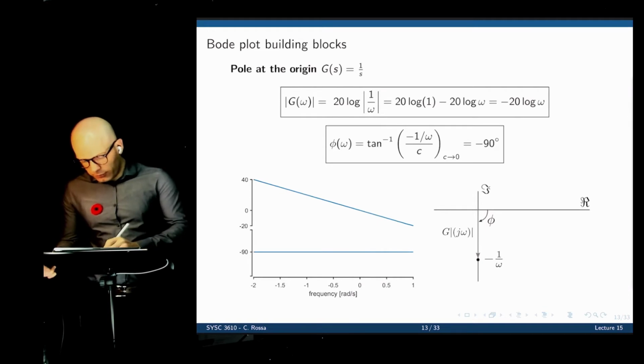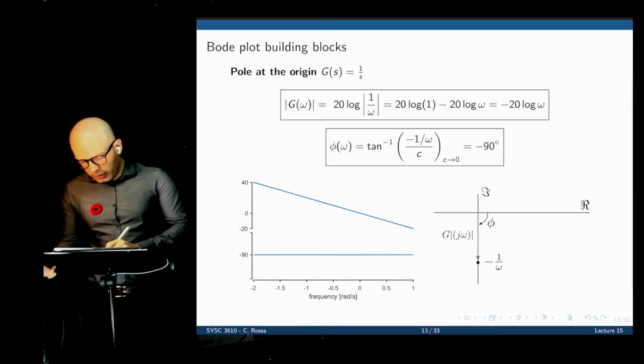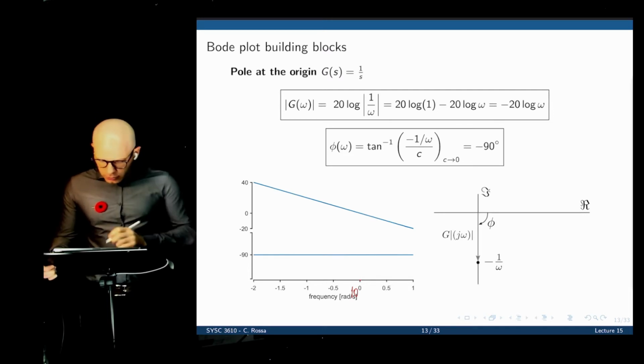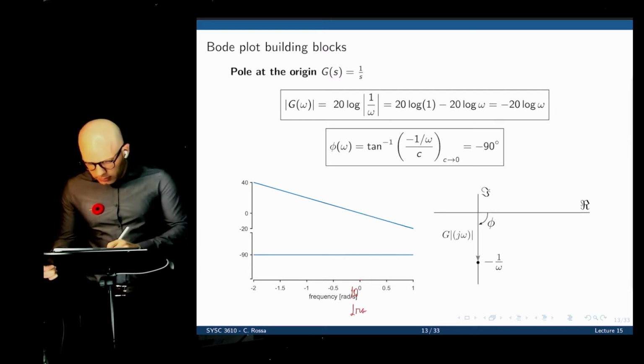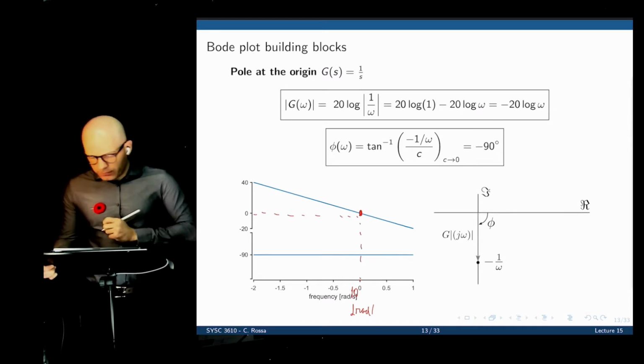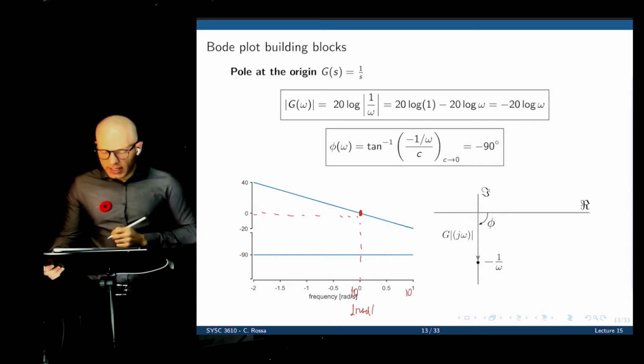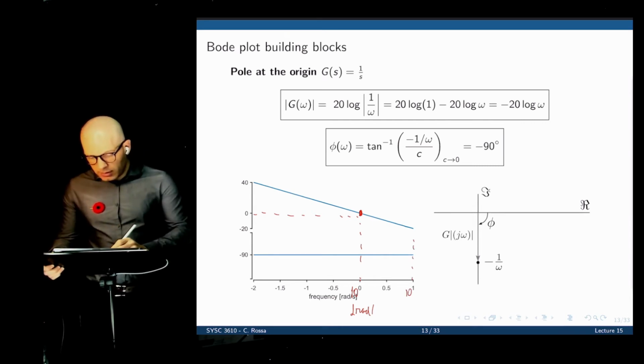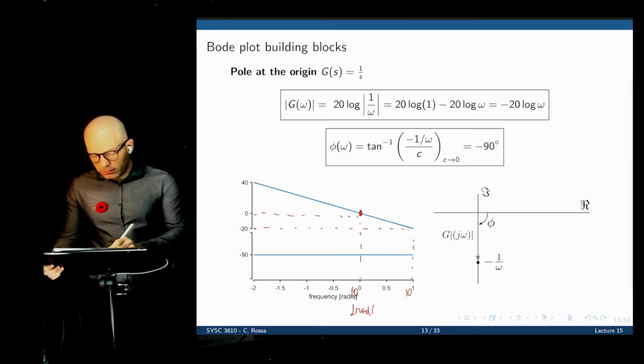If you look here, for example, when we are at a frequency of 10 to the power of 0, which is 1 radian per second, the magnitude of the transfer function is 0. When you go to 10 to the power of 1, which is 10 radians per second, notice that the magnitude is now negative 20.